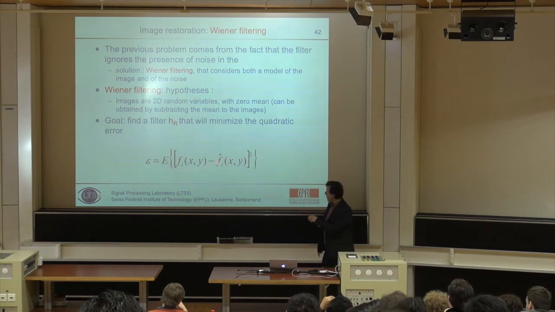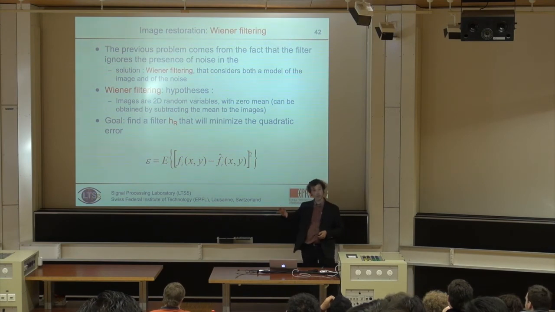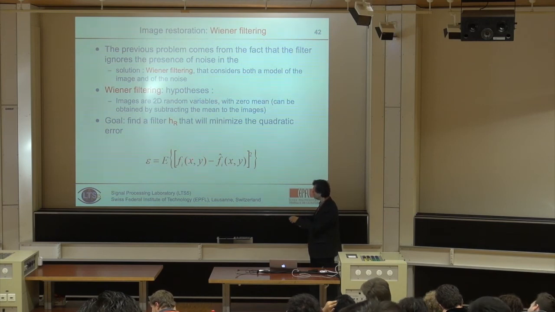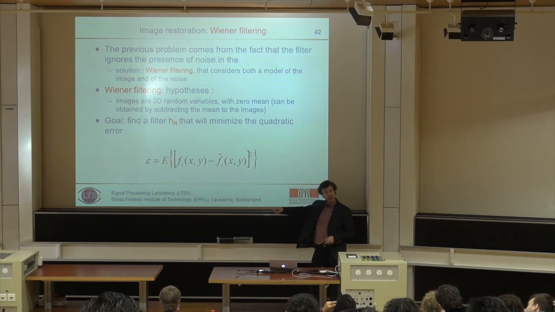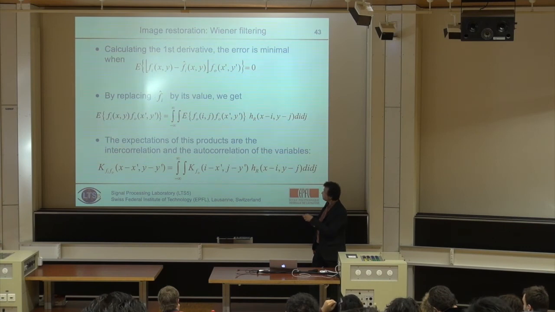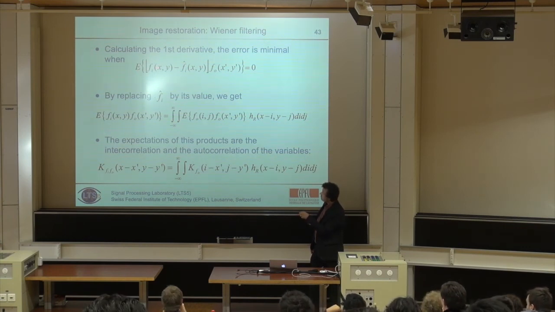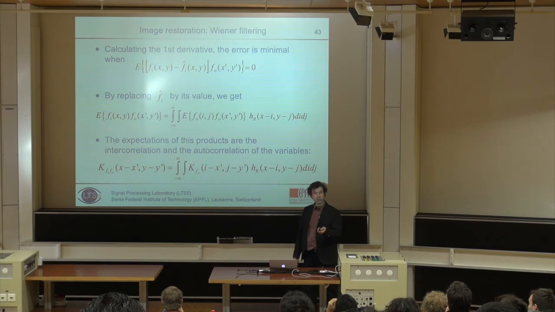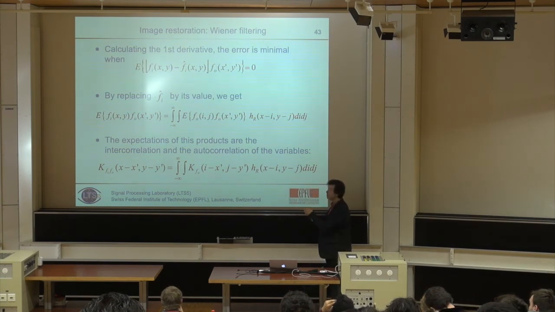And if you remember that Fi hat is Fo convolved by HR, then you have 2 times this times the derivative of this, which is just Fo. So the derivative is 2 times, which I suppress, that times the derivative of that, which is actually Fo, because this is Fo convolved by HR. The derivative with respect to HR is just Fo. It's just like in multiplications. So this is what I have.